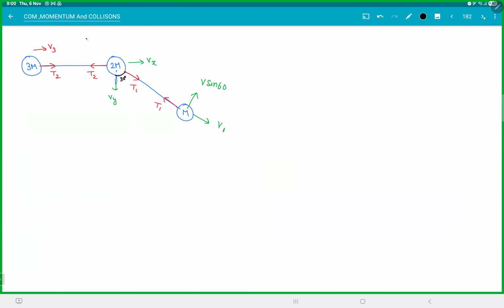This comes from the string constraint: velocity along the string must be the same. So we will get v1 must be equal to vx cos 60 plus vy cos 30. This is your equation 5.